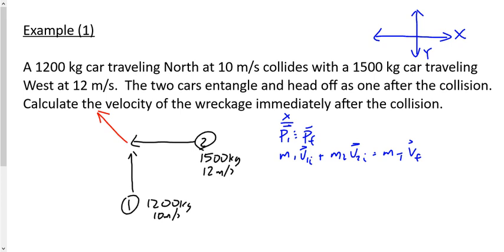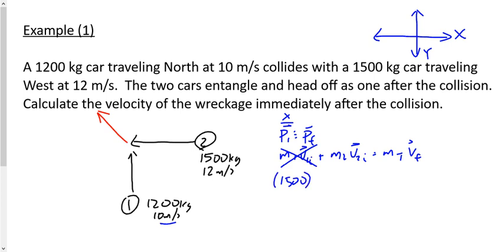Somebody just say it out. It goes quicker if you just answer questions. Gareth, how much of that 10 meters per second going upwards is X? This is none, right? So I'm actually going to scratch that out. V1i is 0. It's not for the Y component, but it is for the X component. M2 is 1500.